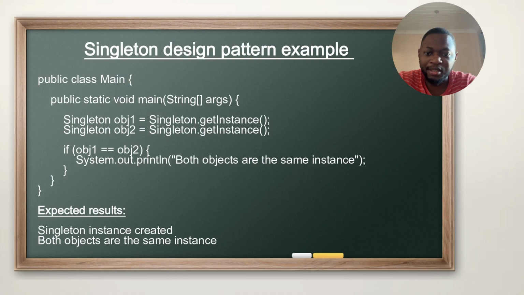So the expected result when we run the main method should be "singleton instance created", and then "both objects are the same instance" printed out. We should have those two results printed out. Next we'll be coding this example, putting it to a test, and I'll be talking you through it. Let's go.